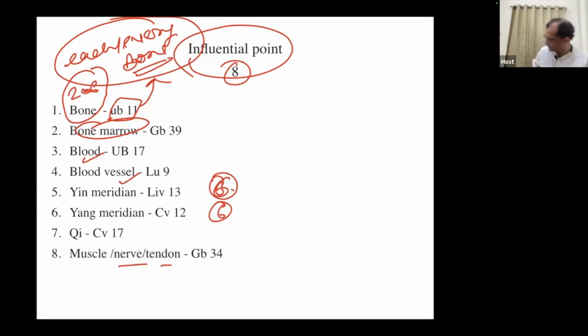Maybe I will send you the video of this, because influential point is a very basic concept, but we should know. अभी क्लास के बाद मैं आपको एक वीडियो भेजूंगा इन्फ्लुएंशियल पॉइंट का, तो जिनको नहीं पता वो देख लीजिएगा.